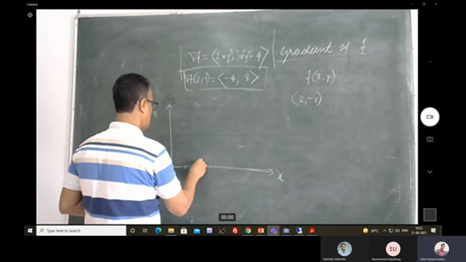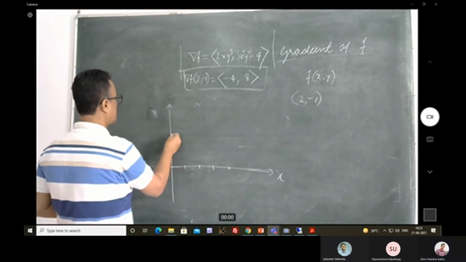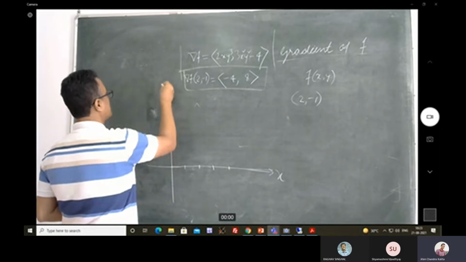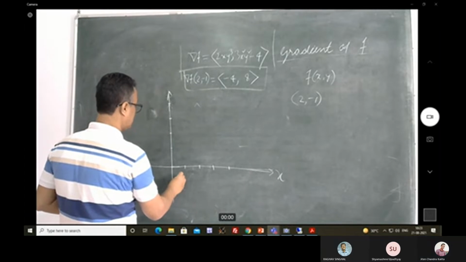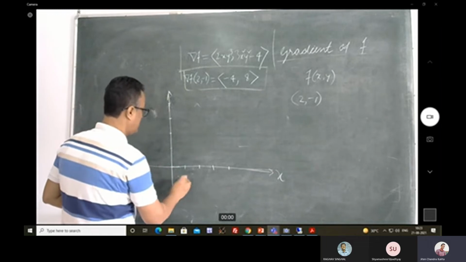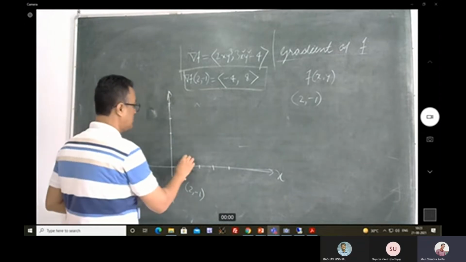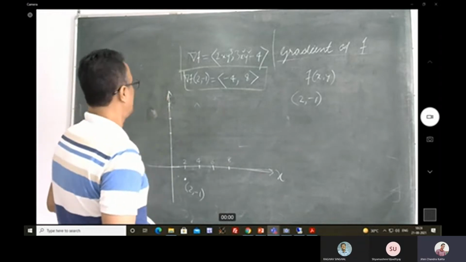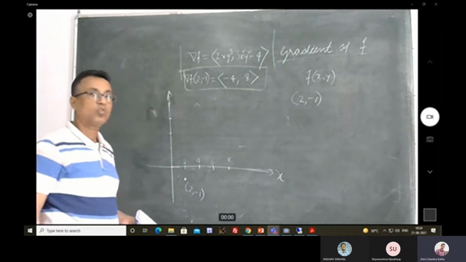So 2, 4, 6, 8, and 2, 4, 6, 8. I have a purpose behind this one. This point is your (2, -1). Now at this point, what we have found out, the vector is given by (-4, 8).